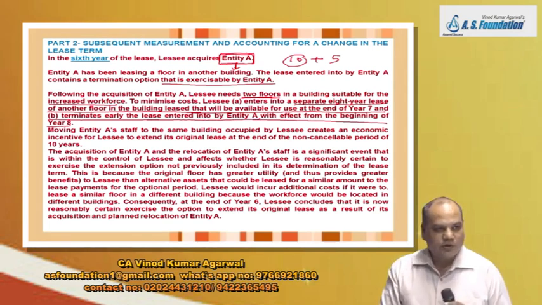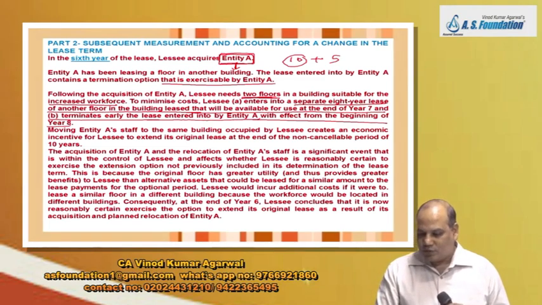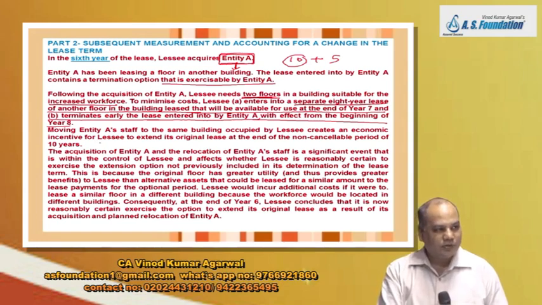So they have made this arrangement, entered into another lease and terminated the earlier lease entered into by entity A. Moving entity A's staff to the same building occupied by the lessee creates an economic incentive for the lessee.